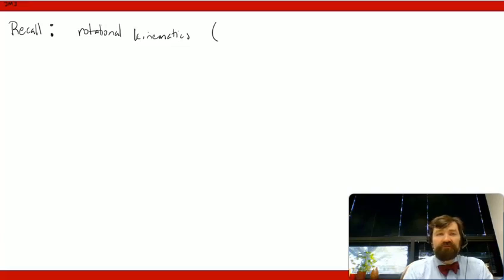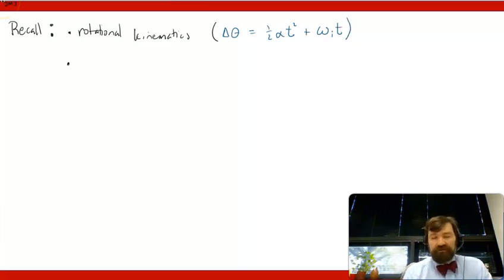I'll just give a simple example of one. Your delta theta is 1/2 your alpha, that's the angular acceleration, times time squared, plus your initial rotational speed times time, etc.